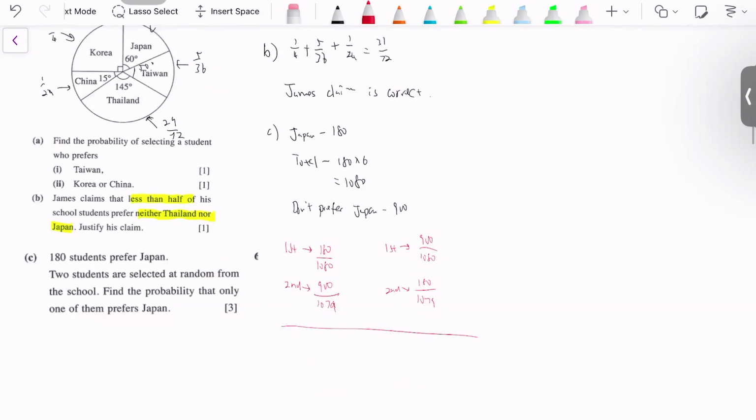With that, we multiply each of them and add them together. And that will give us 300 over 1079.